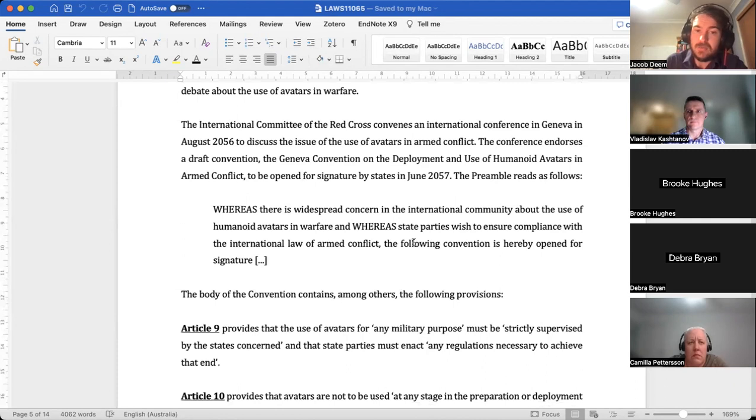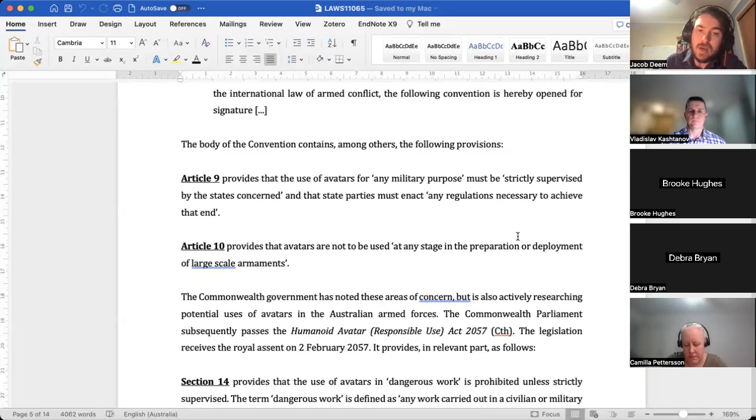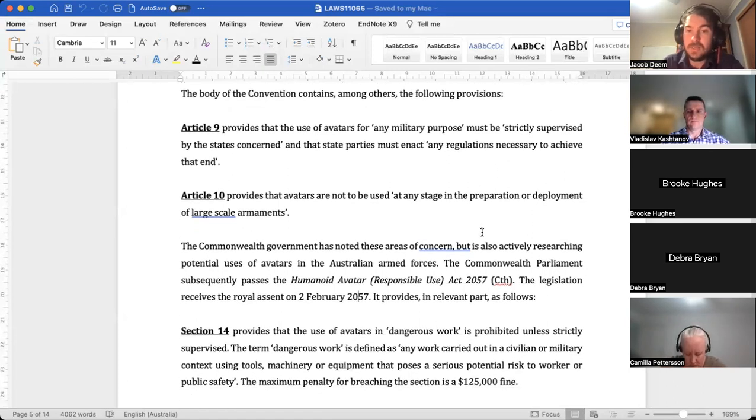An International Committee of the Red Cross convenes an international conference in Geneva, and the conference endorses a draft convention on the use of these avatars. There's a preamble saying, if you sign up, you sign up. Article 9 provides that the use of avatars for military purposes must be strictly supervised, and that states can enact any regulations necessary to achieve that end.